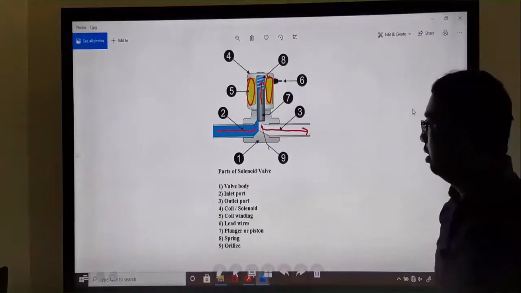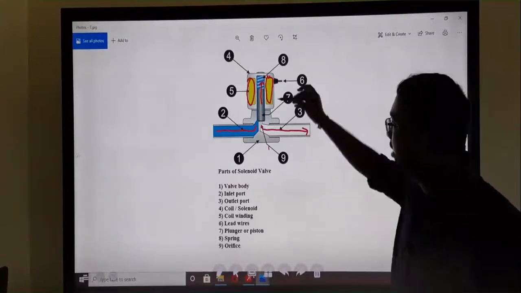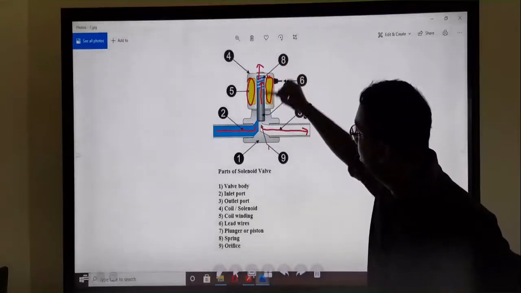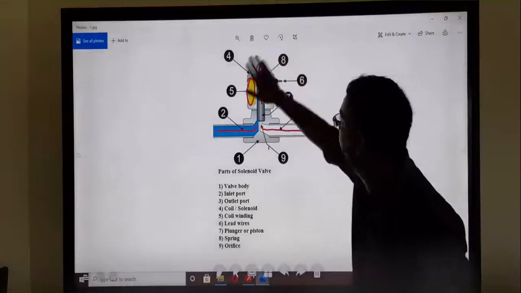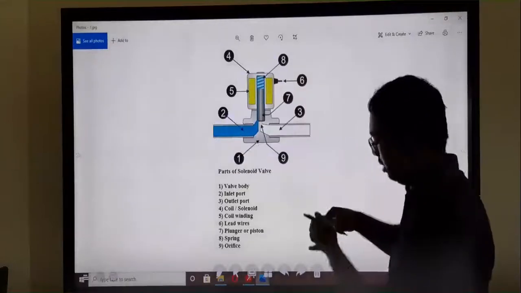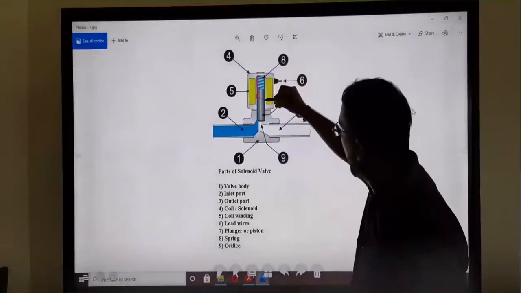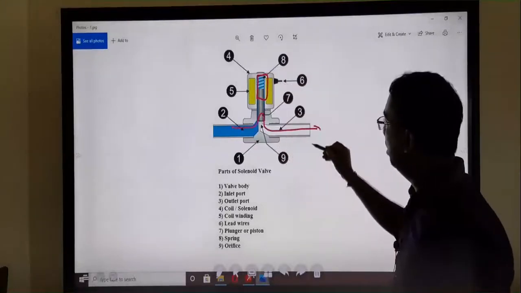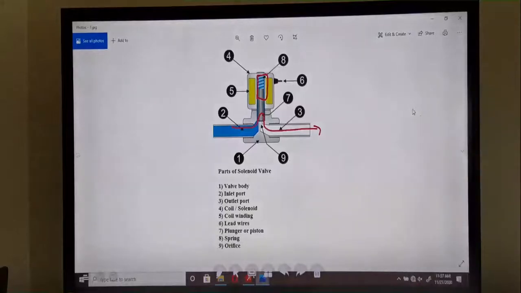By the magnetic field it is attracted, so it tends to move this way, like this. So this way is open and the fuel comes like this.